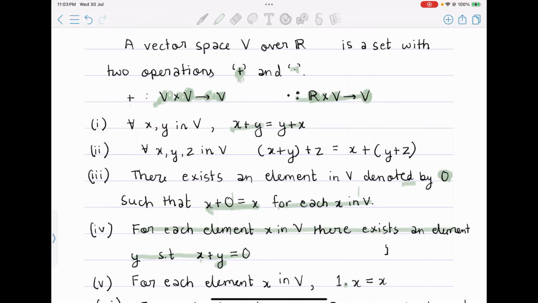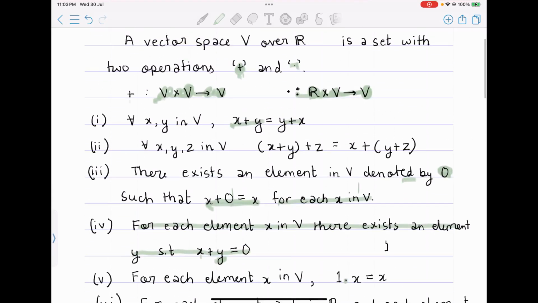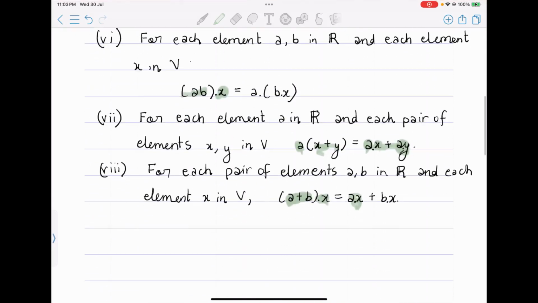To be honest, there is nothing special about R. You can take any field.